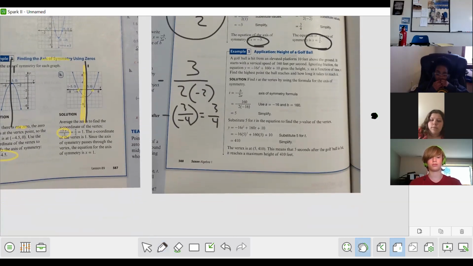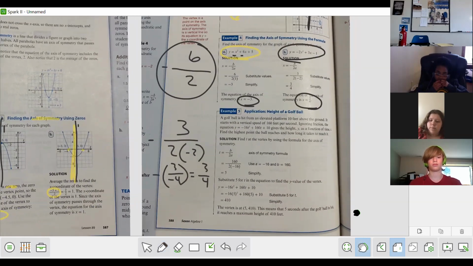I know this seems like gobbledygook, but it's stuff you're going to use later on in math and trigonometry and algebra 2. We're not just graphing straight lines, we're graphing curved lines, parabolas. And they use parabolas all the time.